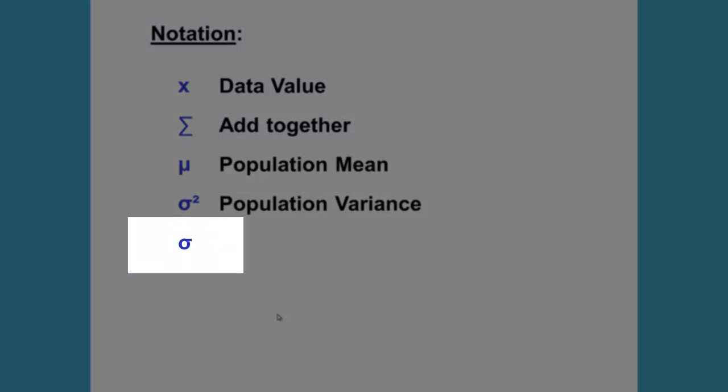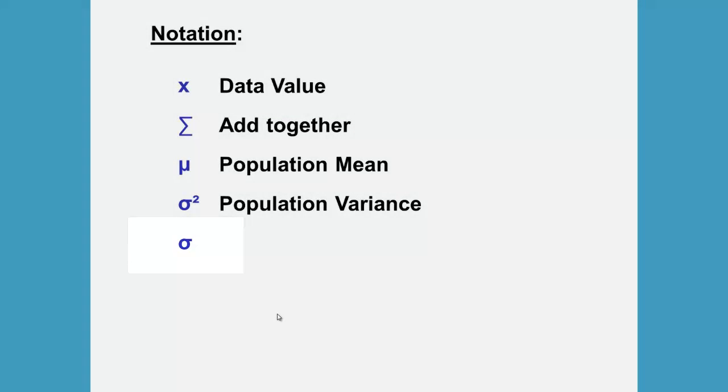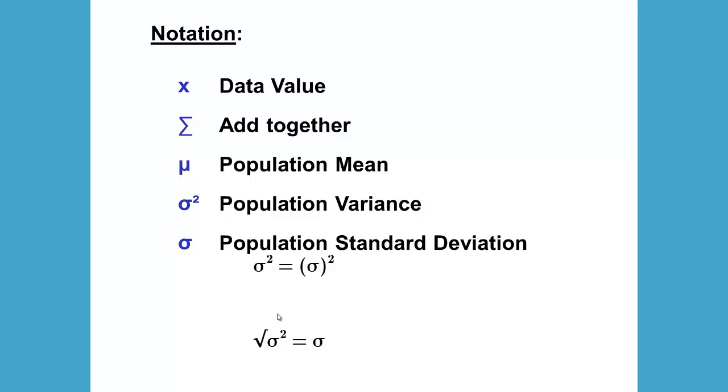Sigma without the squared is next, and that is the population standard deviation. Notice this means that if we square the standard deviation, we will get the variance. And inversely, if we take the square root of the population variance, we will get the population standard deviation.